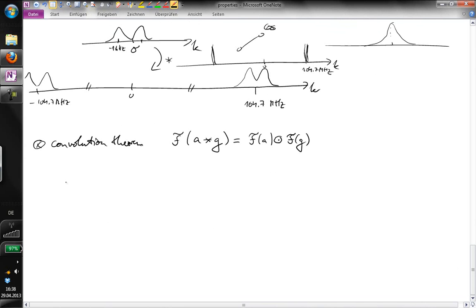So let's say that I call the result H. Then my transform at frequency K is, and I'm now writing the operation of taking the Fourier transform. And I'm writing the operation of doing the convolution.